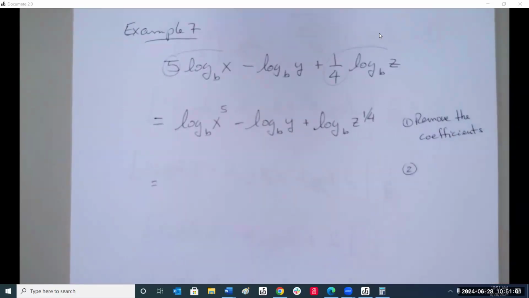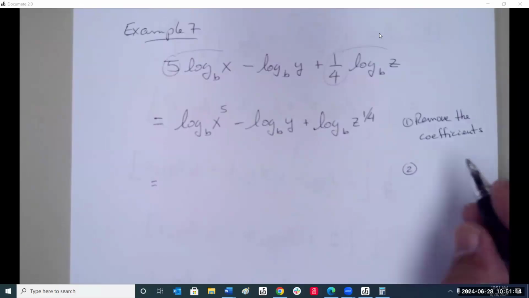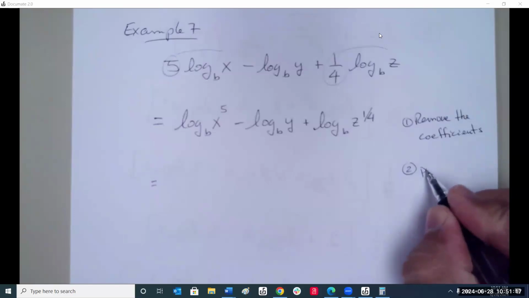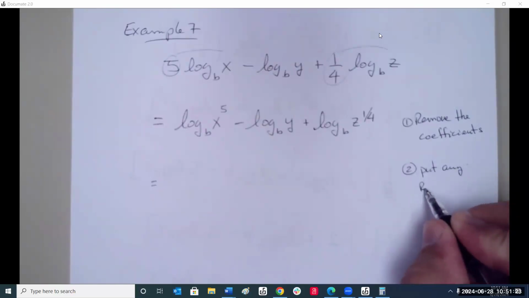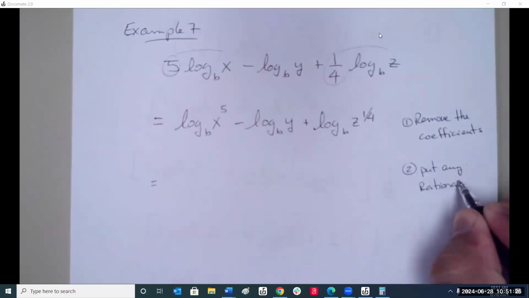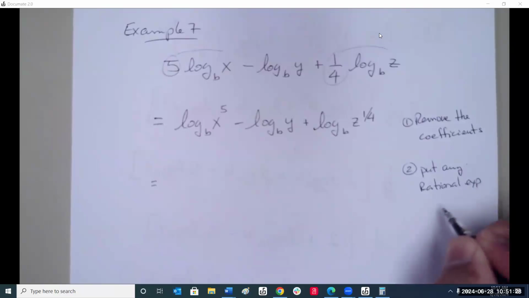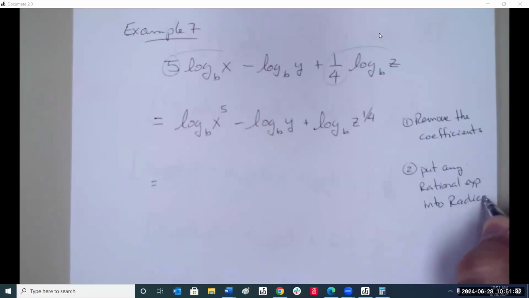Next step. We're not done with the exponents yet. Put any rational exponents into radicals.